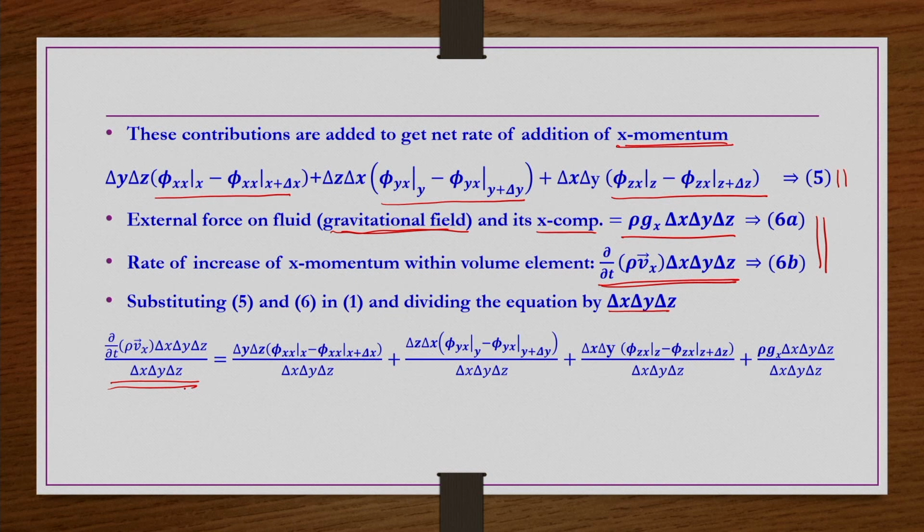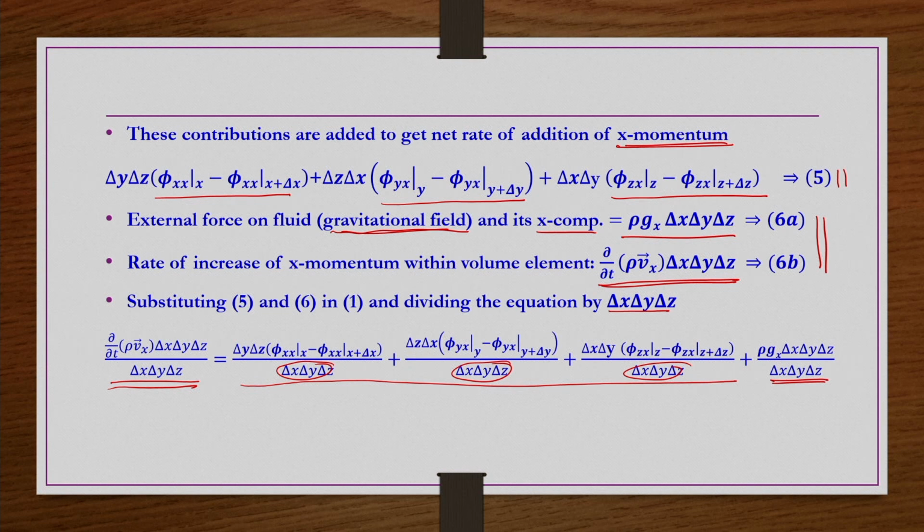The net rate of addition of x momentum is these 3 terms and these 3 terms from equation number 5, again divided by delta x delta y delta z on both sides. Then the external force, the gravitational force: rho gx delta x delta y delta z given by equation number 6a, divided by the volume of the control volume that we have taken, delta x delta y delta z.